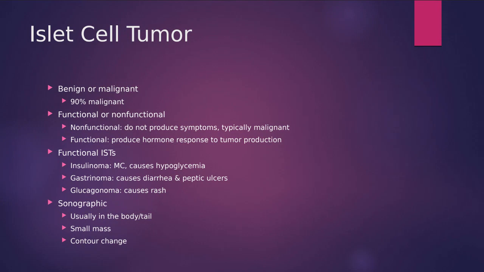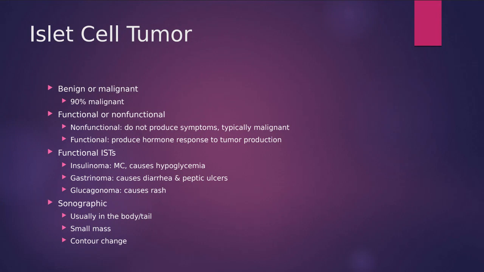Now, our functional islet cell tumors, we just said they are going to produce a hormonal response to that tumor that's being produced. So we are going to further categorize those functional islet cell tumors off of what type of hormone they produce. So we can have an insulinoma, which means that they're going to produce insulin. That's going to be the most common functional islet cell tumor.